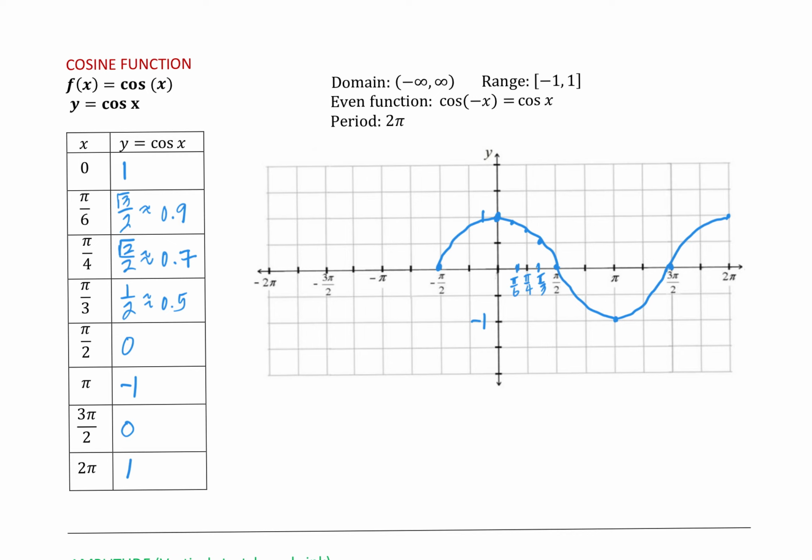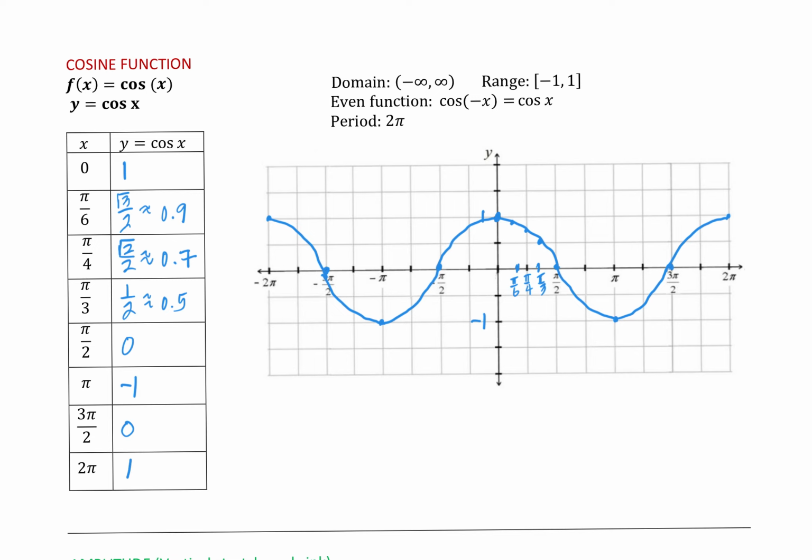At negative pi, cosine is negative 1. Negative 3 pi over 2, that corresponds to pi over 2. Cosine is going to be 0. And at negative 2 pi, we're back at 1. So exact same graph as sine, just shifted over. It starts at 1 and goes down. Sine starts at 0 and goes up.